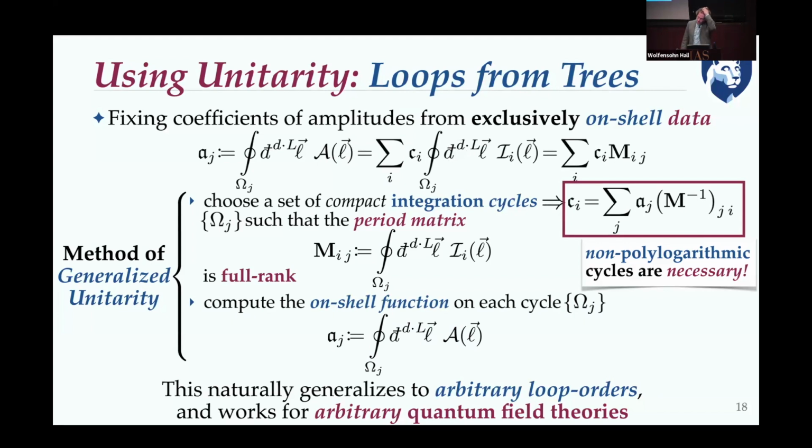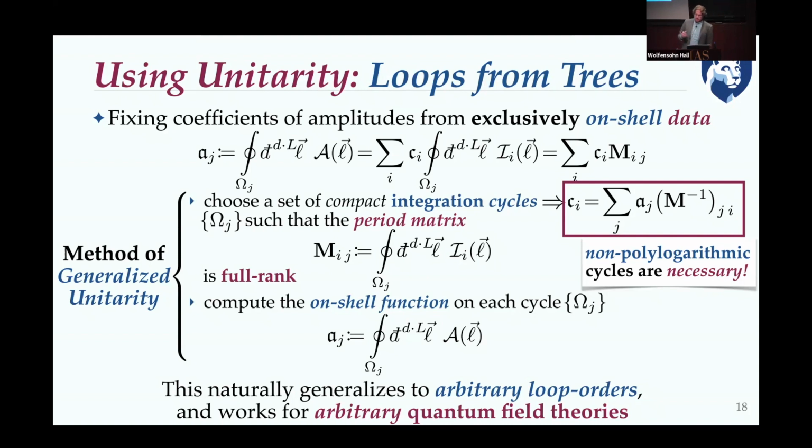Now, one of the things that we've learned relative to what people knew long ago is that for the space at, say, 10 points, 2 loops, or in non-planar 8 points, 2 loops, this period matrix, in order for it to be full rank, necessitates cycles that are not polylogarithmic, that do not encircle simple poles.